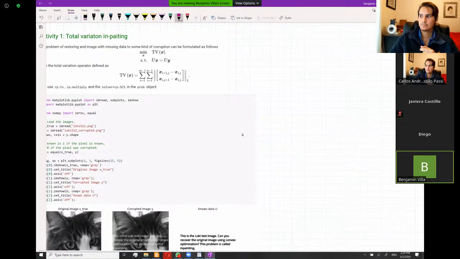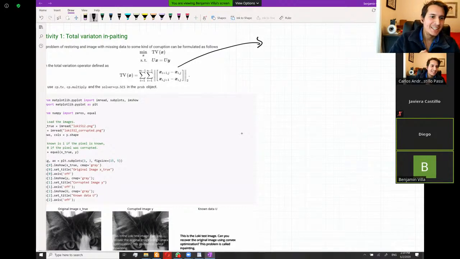Lo que aprendí de la clase pasada, de la ayudantía pasada, es que hay que escribir eso de forma matricial, ¿no? Matricial bonita. Yeah, but in this case, the total variation is already defined, so you don't need to define the total variation.